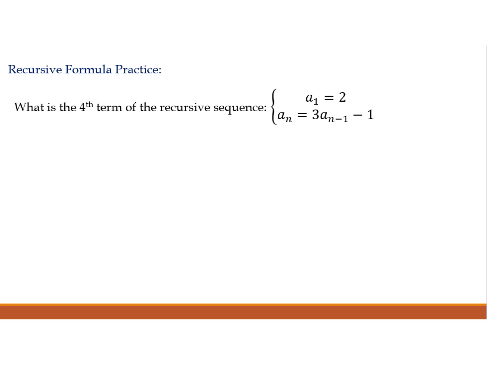In this example, it asks: what is the fourth term of the recursive sequence when a sub 1 is equal to 2 and the formula is a sub n equals 3 times a sub n minus 1, minus 1? In a recursive sequence, we have to use the previous term. I'm finding a sub 4.